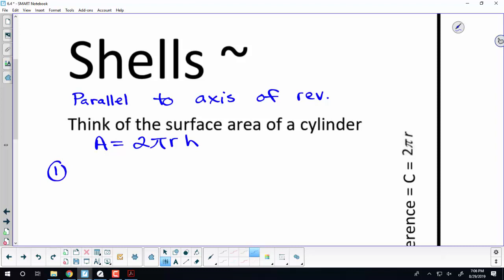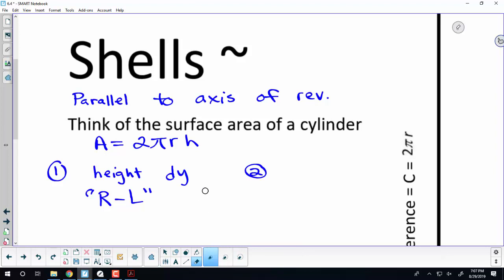If we're doing the height in terms of y, the height is always measured by the right minus the left. Or if we have them running in the x direction, the height is measured by the top minus the bottom. Top minus bottom for integrating with respect to x.